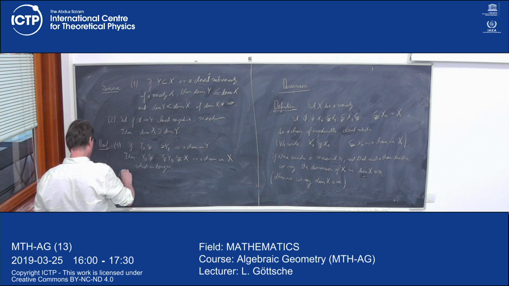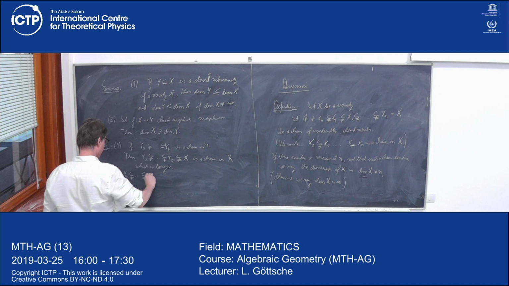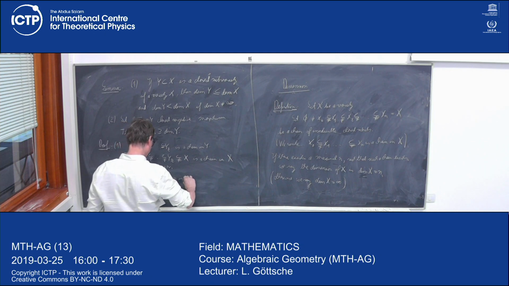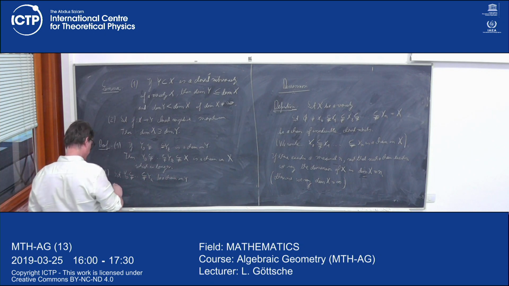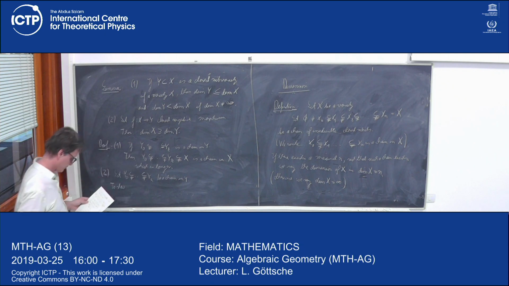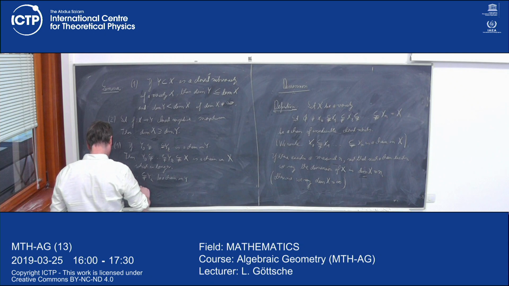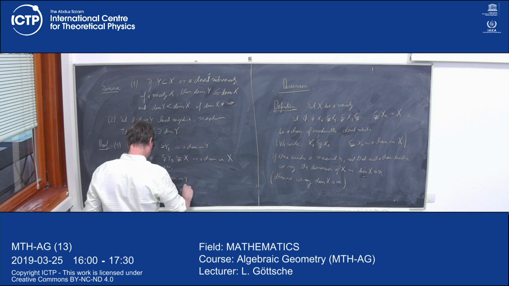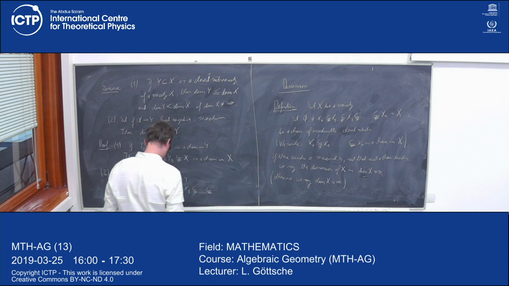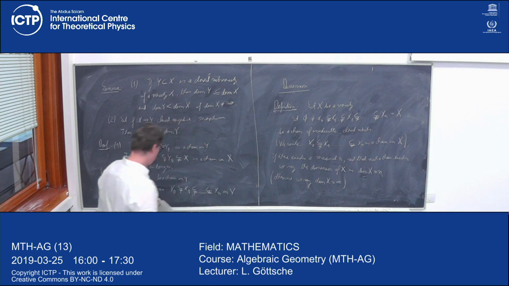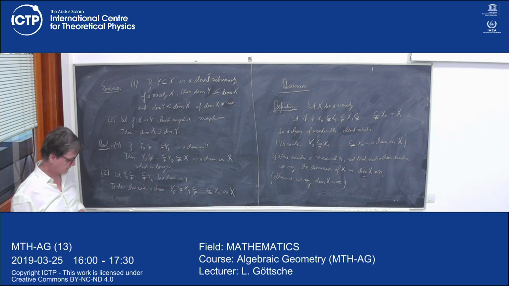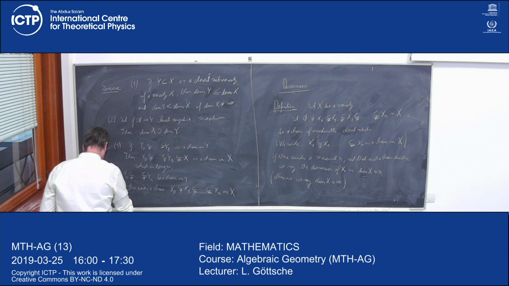So let y0 to yn be a chain in y. I want to show there exists a chain x0 to xn in x of the same length, such that each xi maps surjectively to the yi, so with f of xi equal to yi for all i.